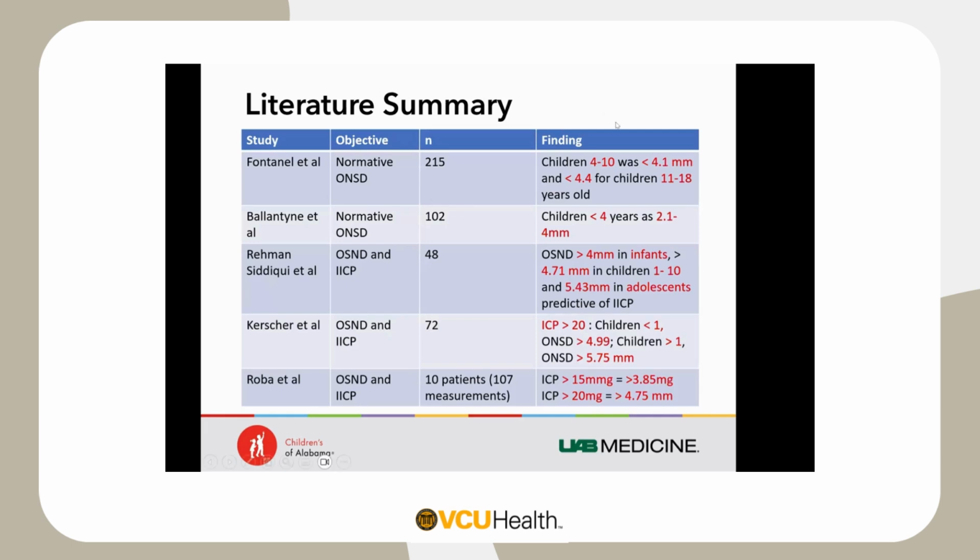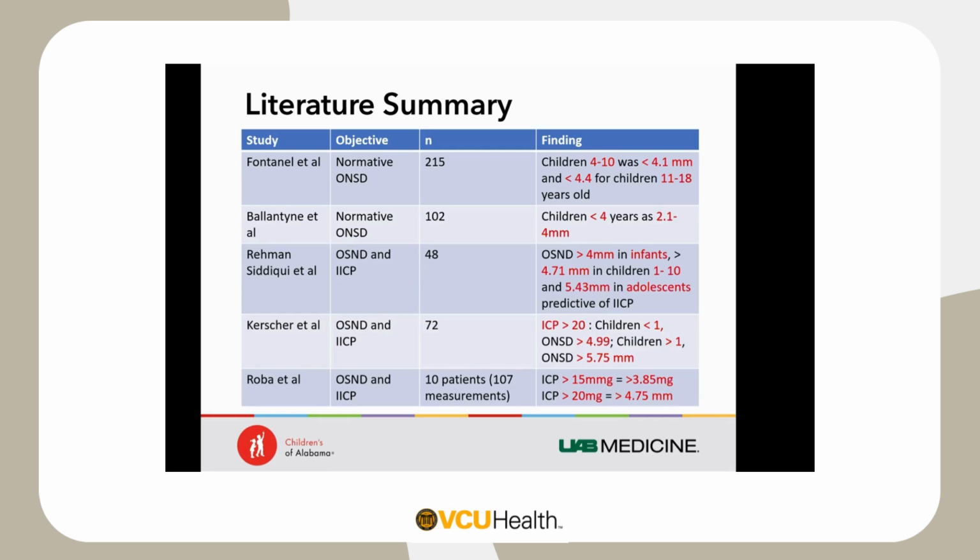And then going into the literature summary, which is where this gets a little bit difficult, mostly into the optic nerve sheath. There have been a lot of reviews looking for normative nerve sheath diameters, and then also looking for where it coincides with increased intracranial pressure.